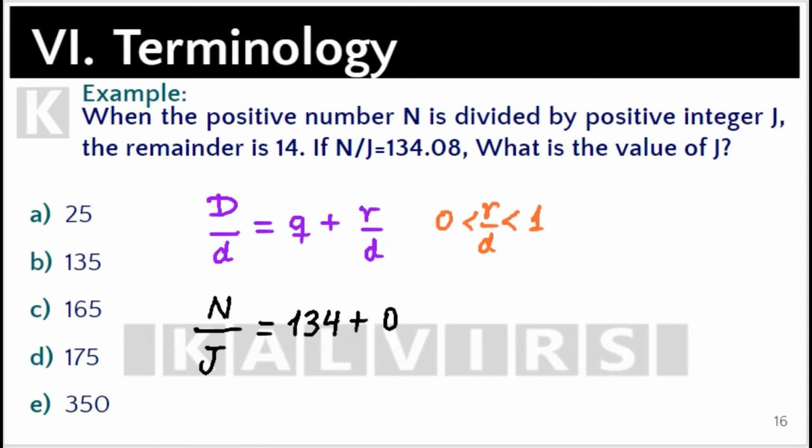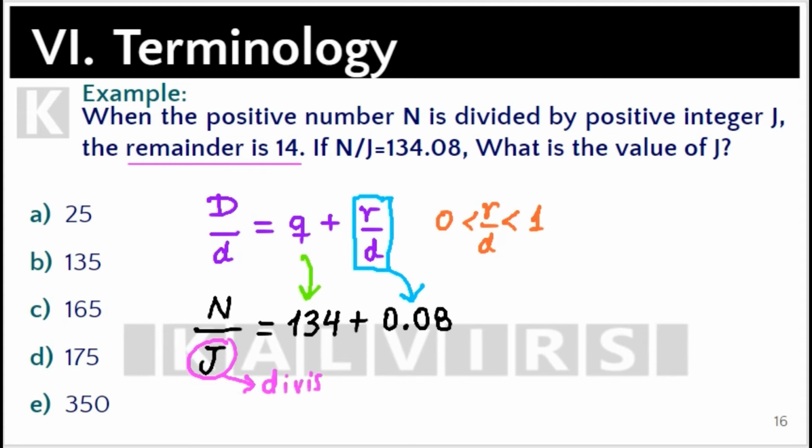Here, the dividend is n, the divisor is j, and this division is equal to 134 plus 0.08. As you can see, 134 is the quotient, and the remainder over the divisor is 0.08. We know that the remainder is 14 and j is the divisor.